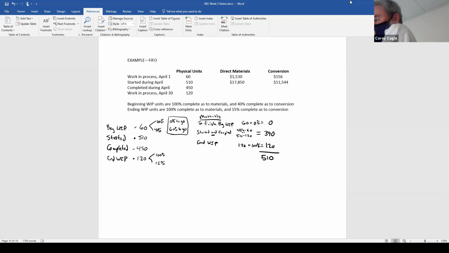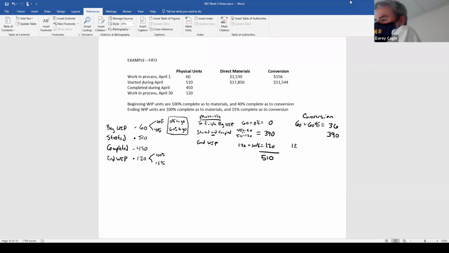Conversion, same deal. To finish beginning work in process, we got 60 units, 60% to go. We already did 40% of it. We'll do the other 60% this time. So that's 36. Started and completed, no need to calculate that again. It's still going to be 390.